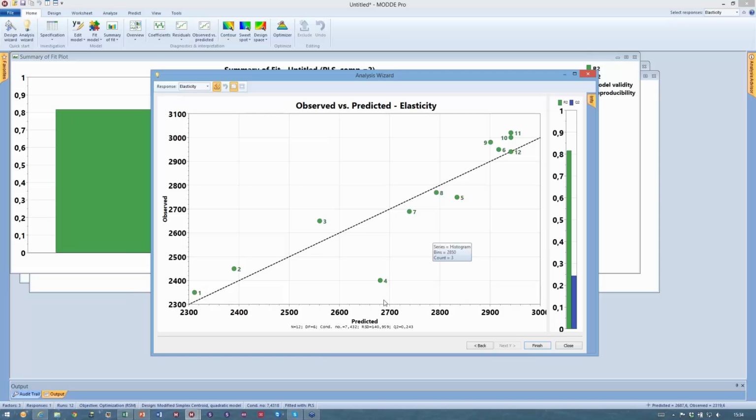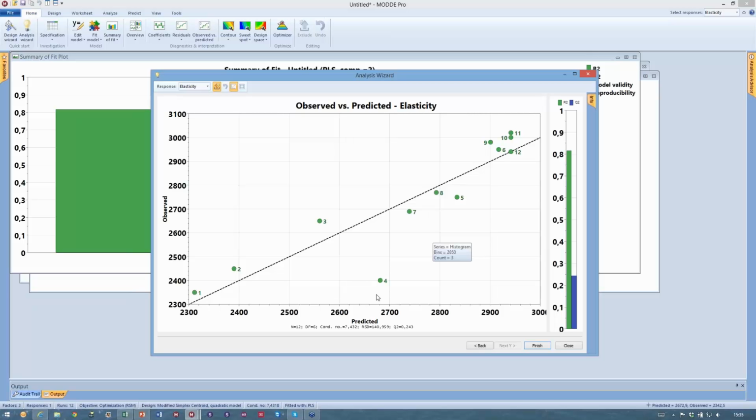So here we would definitely, if it would be possible to make more experiments, retest number 4 to see if it would persistently be down here. It could be that there is a deviation, an experimental oddity when this experiment was performed.